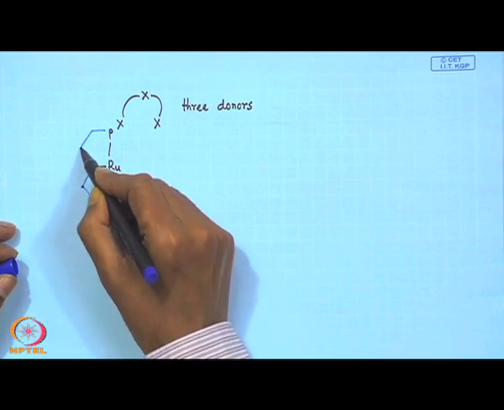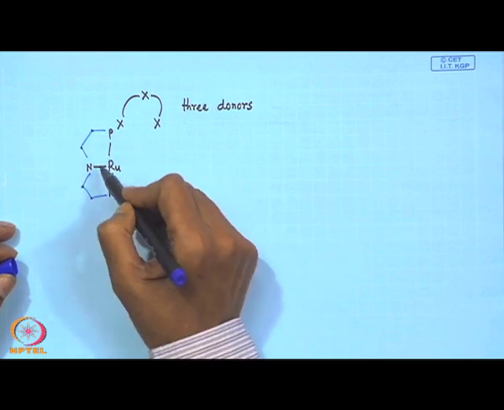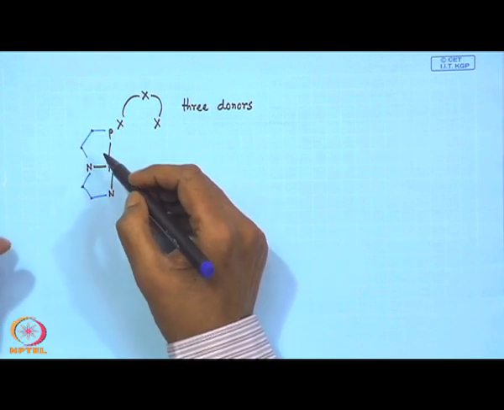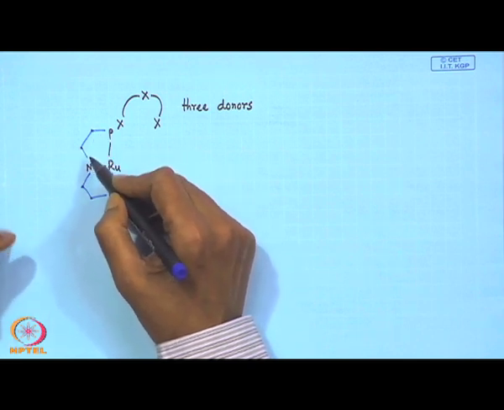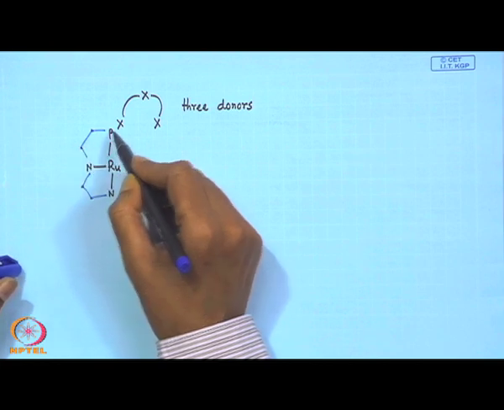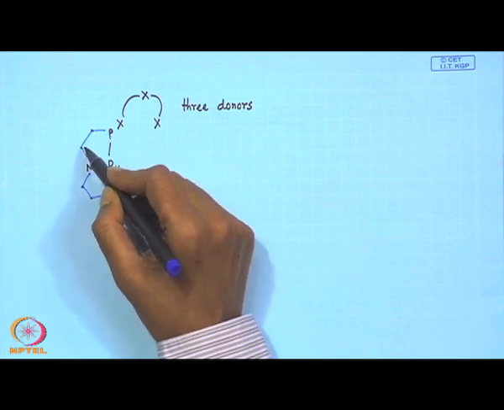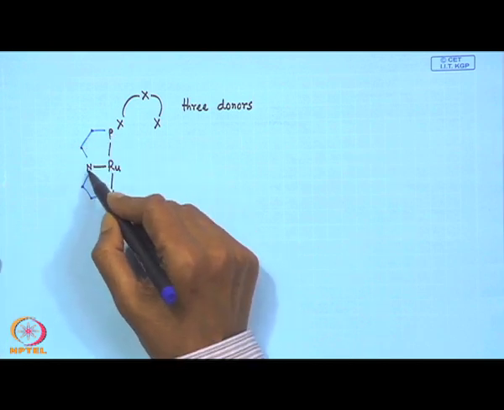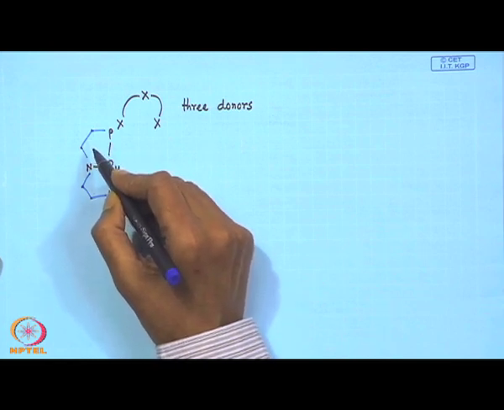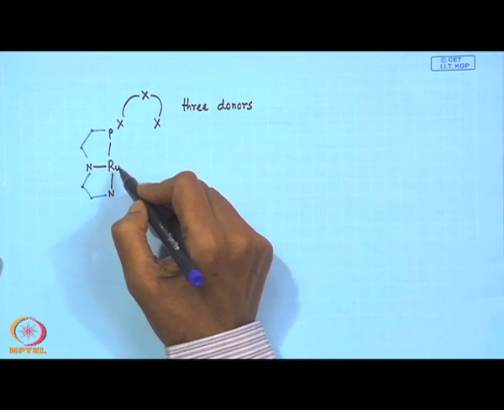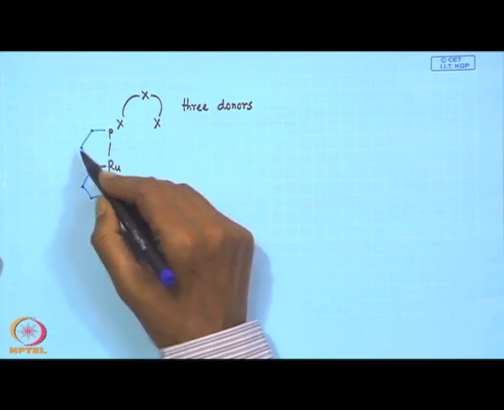A 2 carbon spacer is more relaxed. So, what we get is this particular form, that means we have this phosphorus and the 2 carbon spacer and this nitrogen.